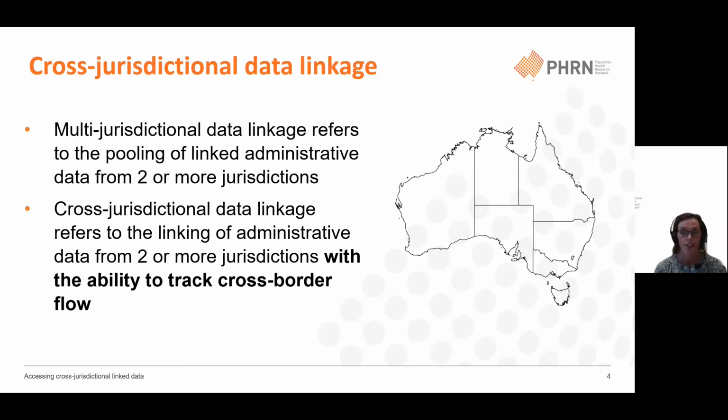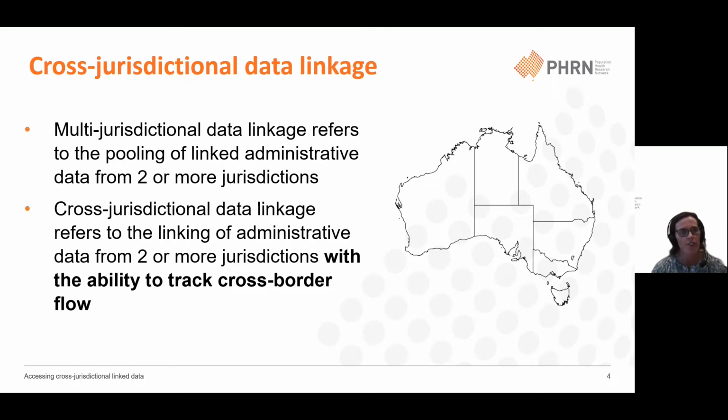We recognise 9 jurisdictions that hold health and health-related data, including the 6 separate states: Western Australia, South Australia, Queensland, New South Wales, Victoria and Tasmania, 2 self-governing territories, Northern Territory and ACT, and we also recognise the Commonwealth as a jurisdiction. So what do we mean by cross-jurisdictional data linkage, and how does this differ from multi-jurisdictional data linkage?